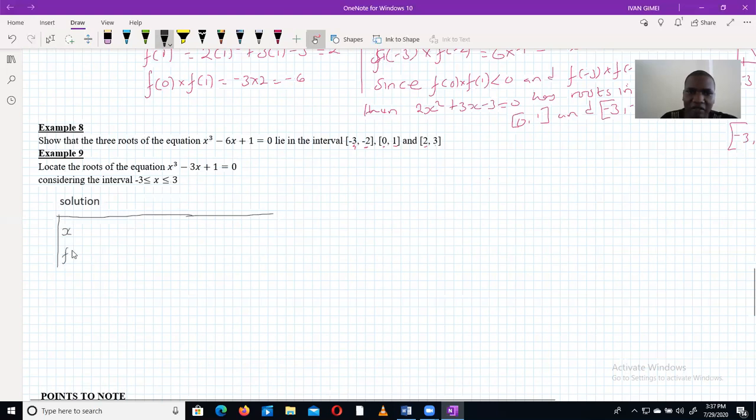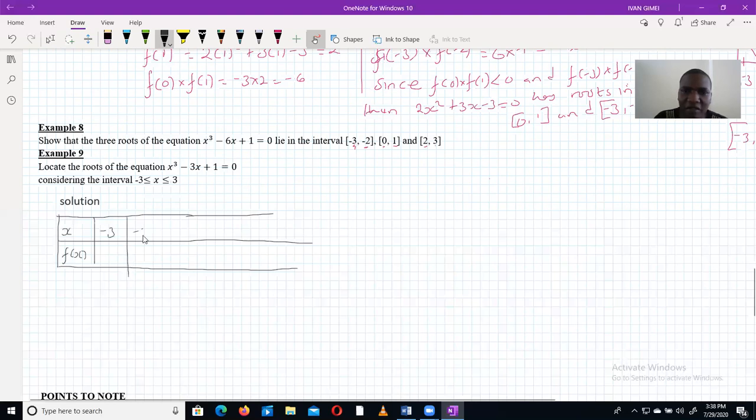Of course, I need to first define my function. So I'm starting from -3, then I have -2, then 0, then 1, 2, and lastly 3.